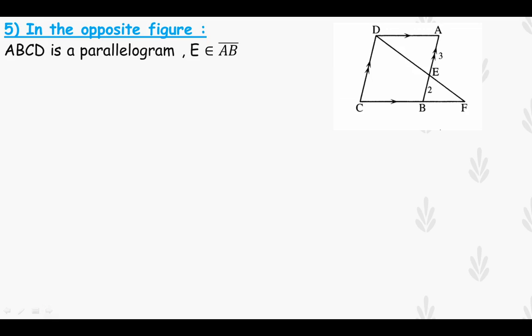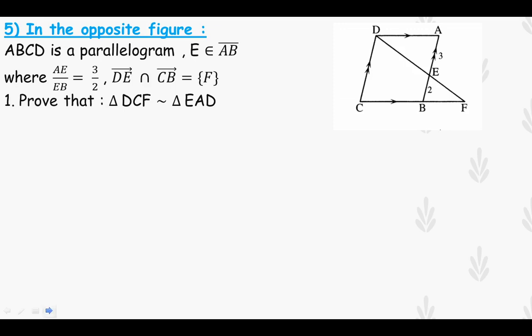E belongs to line segment AB, where AE over EB equals 3 over 2. BE intersects CB at F. Prove that triangle DCF is similar to triangle EAD.